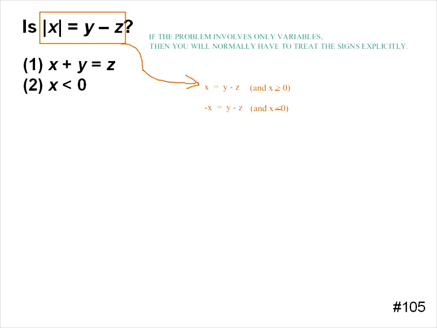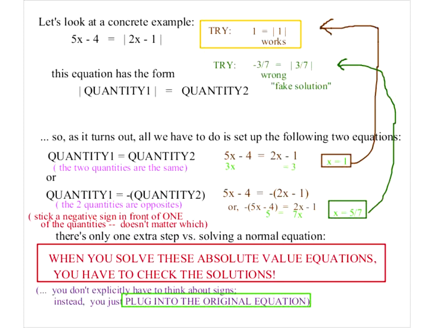Only in the case of variables do you have to do this. But what I want you to notice is that this is literally the entire problem. It's not like something like this, which would probably be one statement on a data sufficiency problem, or something you would have to solve quickly because it would be one step of some much larger picture.